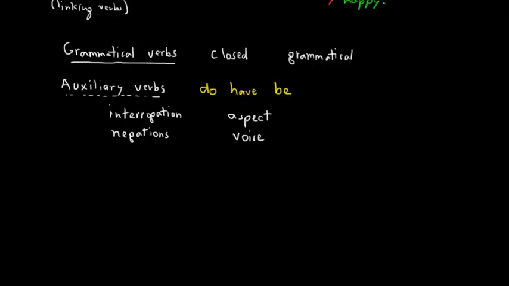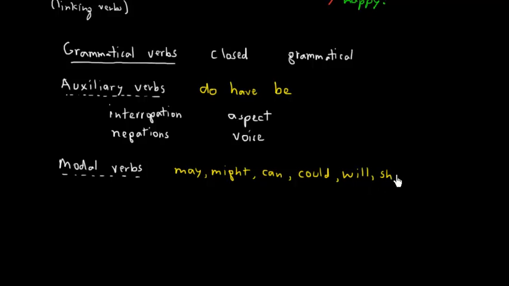Okay, the other group of grammatical verbs are the modal verbs, and there are 9 of these. Okay: may, might, can, could, will, shall, should, would, and must.